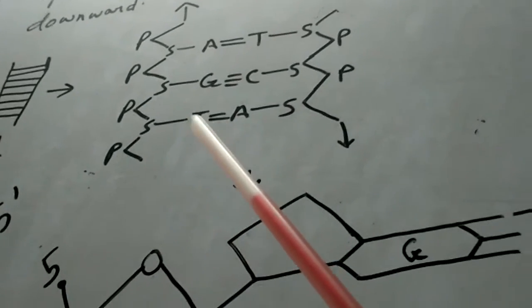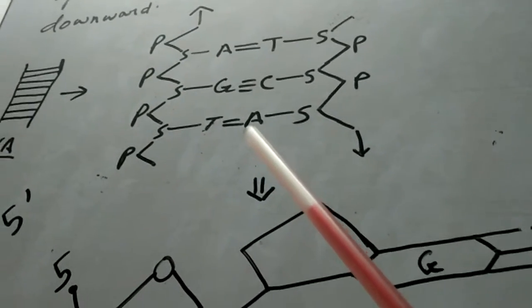These are the phosphate groups. S stands for sugar, the deoxyribose sugar, attached with the nitrogenous bases like adenine, having a double bond or 2 hydrogen bonds with thymine. Guanine has 3 hydrogen bonds with cytosine, and thymine has 2 hydrogen bonds with adenine.